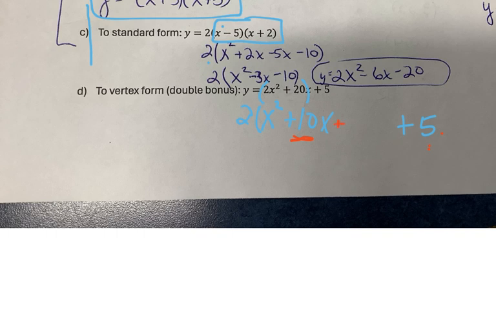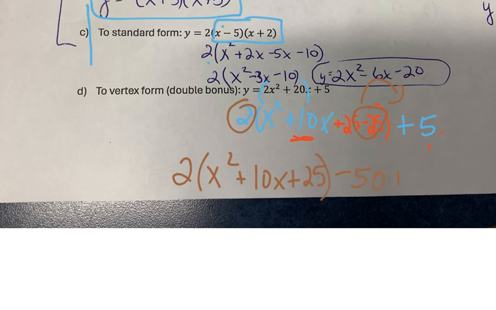So plus 25, minus 25. And then the negative one's coming out, but remember there's 2 of them. And the -25 is out, but there's 2 of them, so it makes -50.